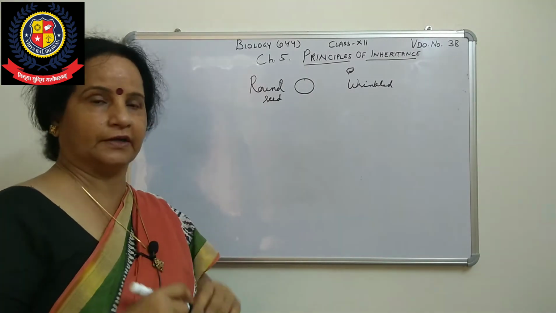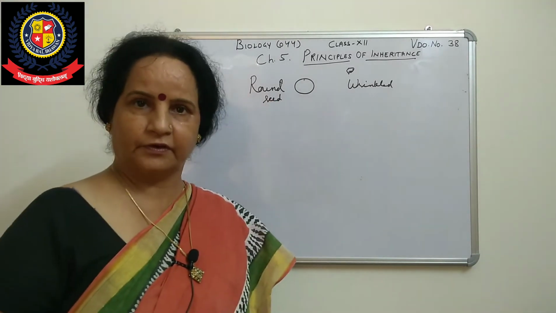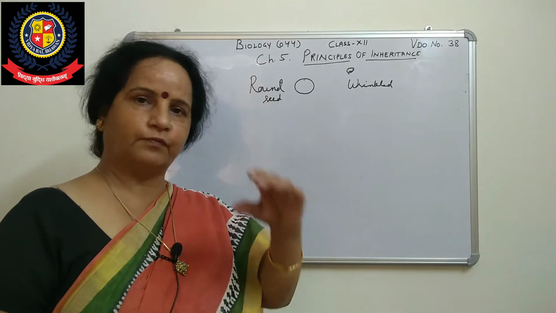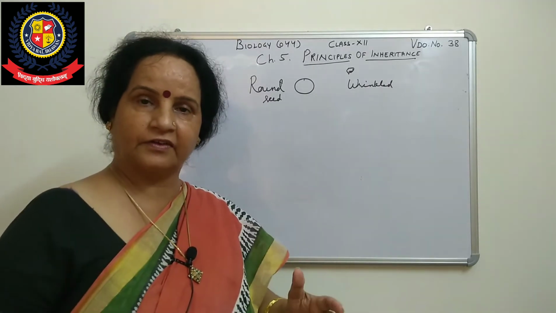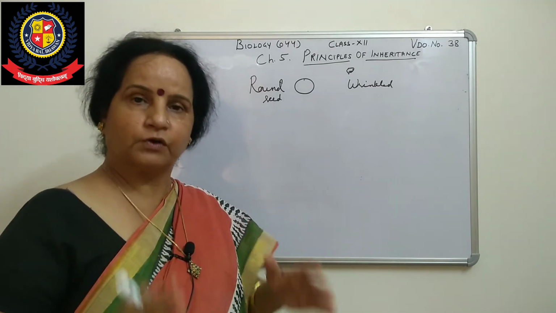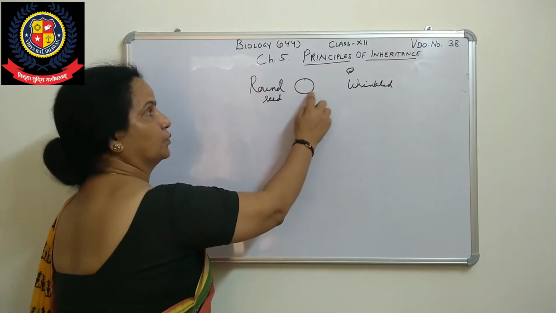First of all, the reason is that when starch is properly synthesized in the pea seed, the gene responsible for starch formation produces more starch. Because of this high amount of starch, the seeds become round and solid.